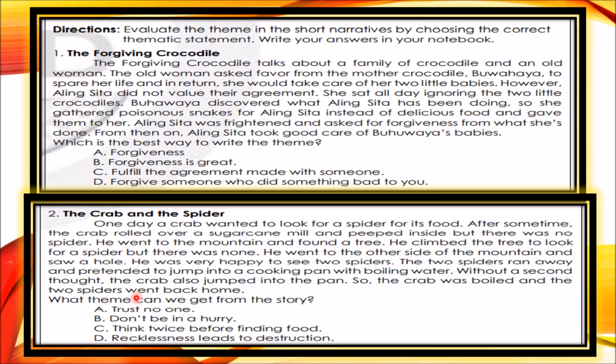What theme can we get from the story? A. Trust no one. B. Don't be in a hurry. C. Think twice before finding food. D. Recklessness leads to destruction. So on the crab and spider, what will be the answer?